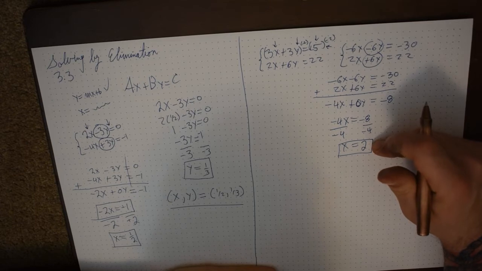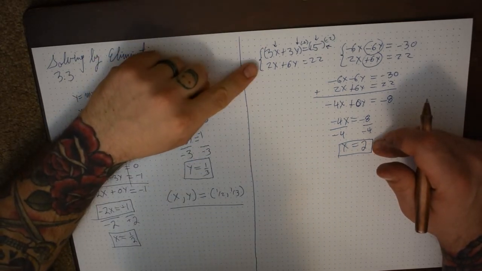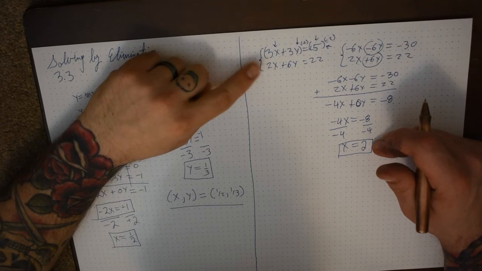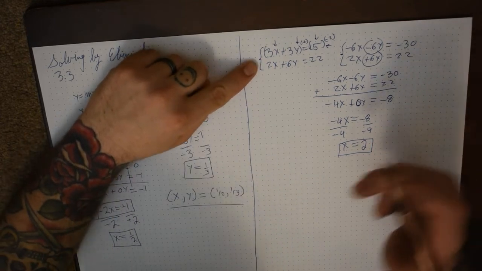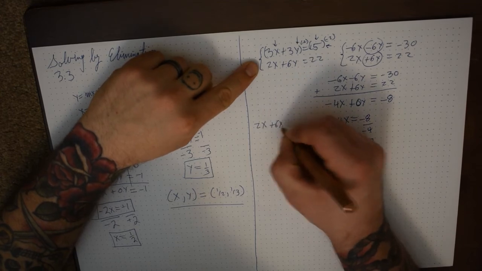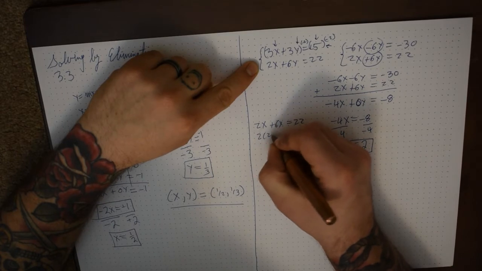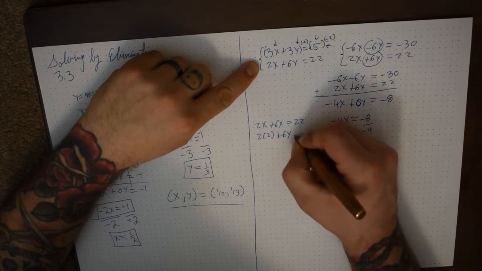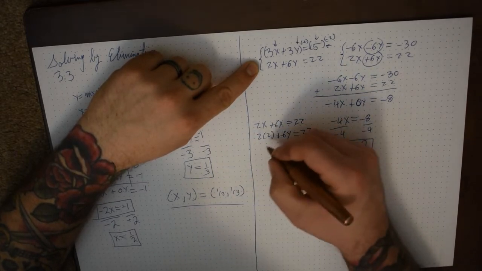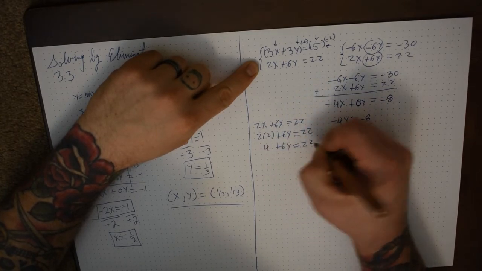Once we know what x is equal to, it doesn't matter which equation we plug it into. Top one or bottom one, they both will give us the same value for y. Let's try the bottom one. If 2 times x plus 6y is equal to 22, then 2 times 2 plus 6y has to be equal to 22. 2 times 2 is 4, plus 6y equals 22.